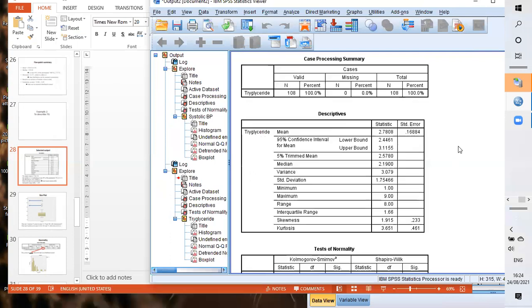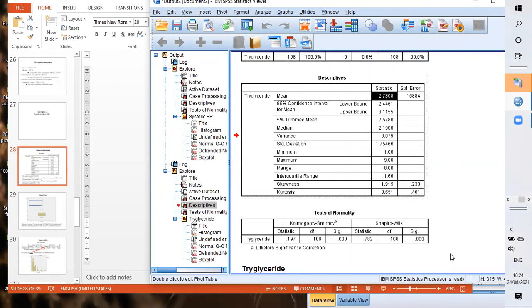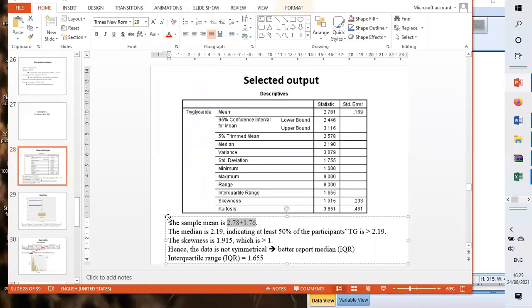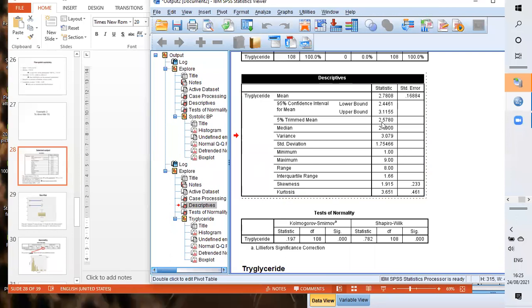Let's describe this. What's the mean? 2.7808. What is the standard deviation? 1.75. So we say the mean is 2.78 plus or minus 1.75. Next, what's the median? It is 2.19.